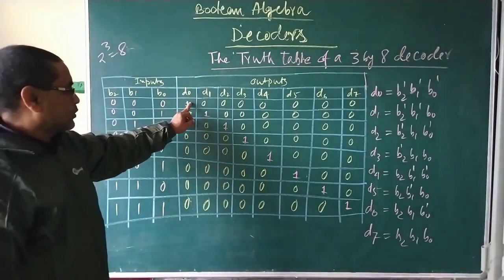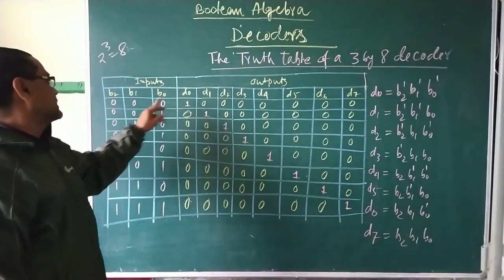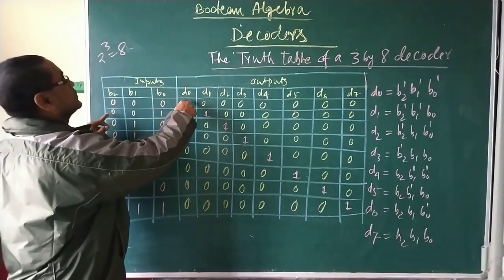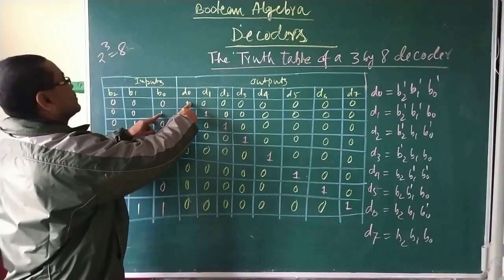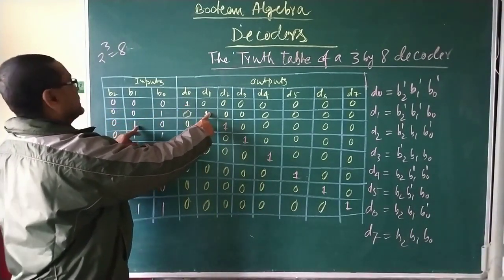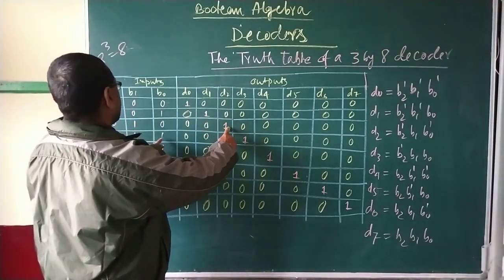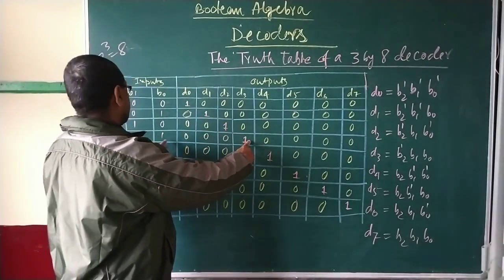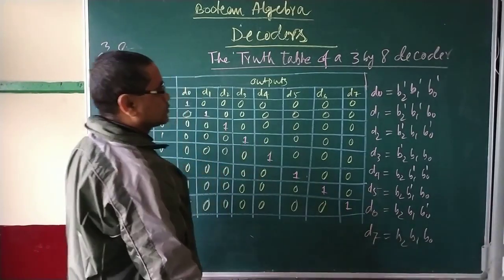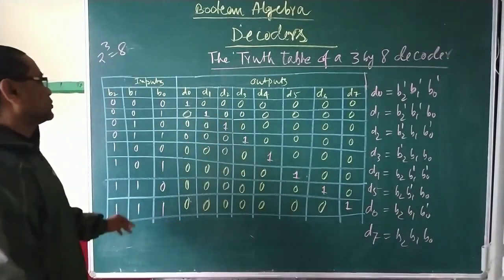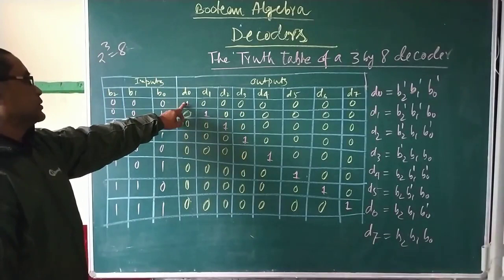So if you go diagonal 1, 1, 1, this 1 is signifying 0. This is signifying 1. Here it is signifying 2. It is signifying 3. And it is signifying 4 like that. Now you have to go for D0. D0 means what? Here it is 1.